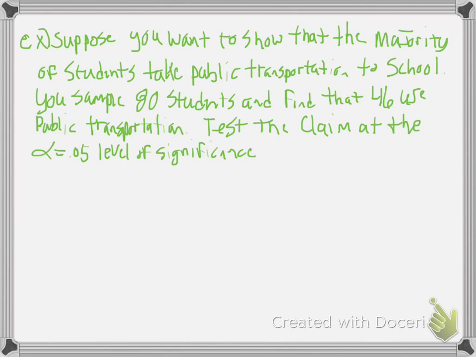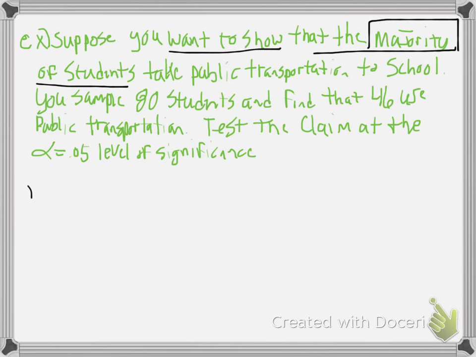Well, what's interesting about this is that we have 46 out of 80, which is going to be a percent, but I didn't give you a percentage straight up in the null. However, I did give you the alternative. I want to show that the majority of students take public transportation. Majority, what does that mean? Majority means over half.